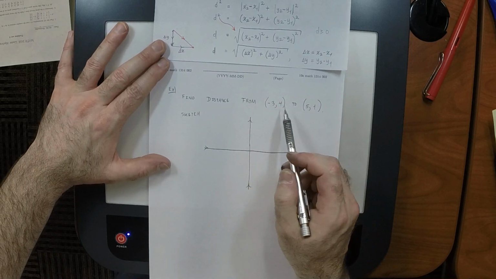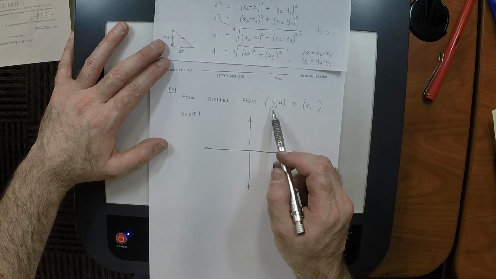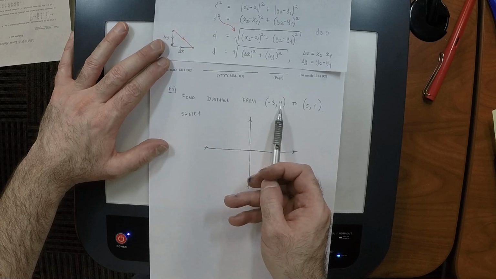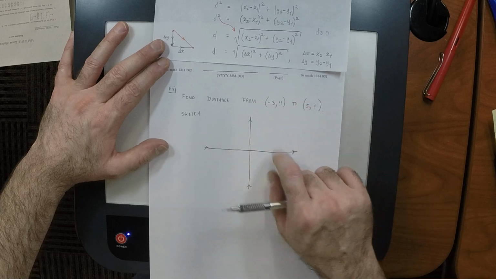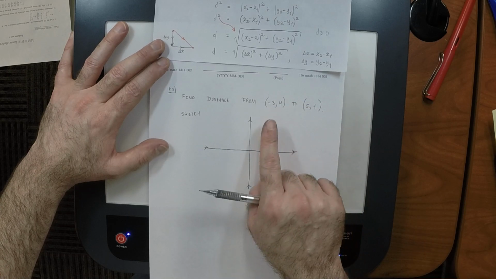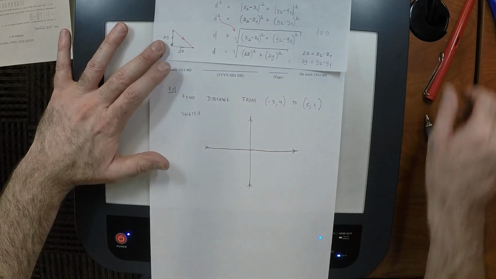So plotting both of those points, the fact that that one says negative 3 means it's on the left side, and the fact that that says positive 4 means it's on the top side. So that point is in the top left. So negative 3, so left 3, up 4.